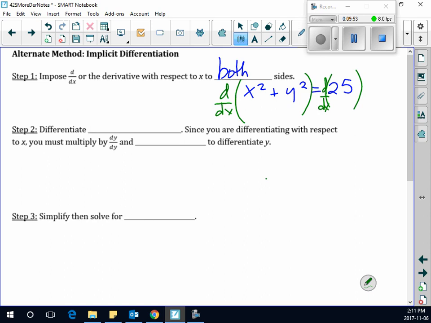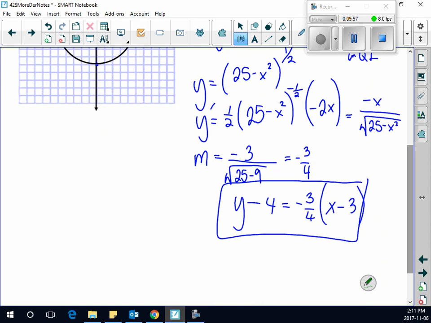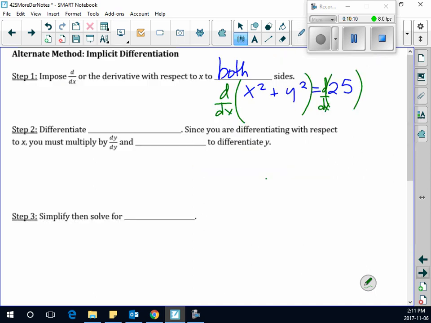I'll repeat what I just said there. When I find the derivative here, does everybody see I'm doing d/dx, and I end up getting dy/dx, which is y prime. But on this side, when I find it, I have to use the chain rule. But again, I'm finding it with respect to x.